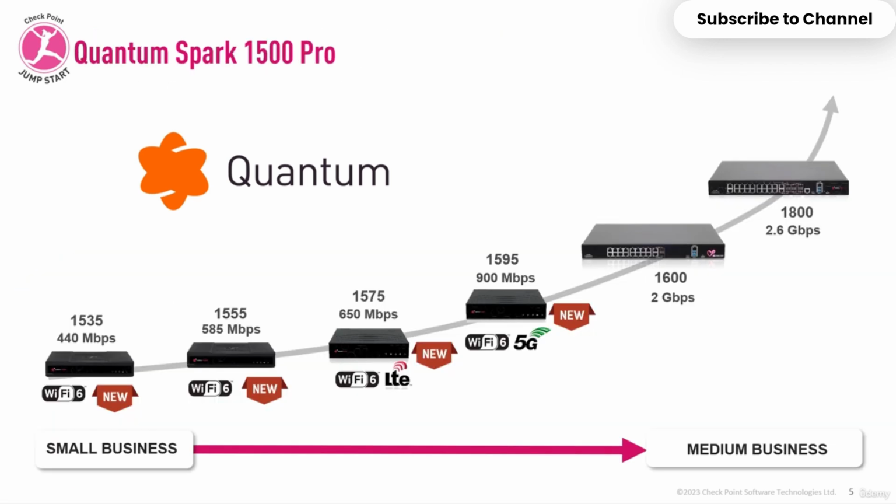And if we zoom in on the small to medium business appliances, we can see these beautiful appliances. For example, the 1535, which can support up to 440 megabit per second and supports Wi-Fi 6, and up to the 1595, which can support 900 megabit per second, Wi-Fi 6, and a 5G network. Amazing.